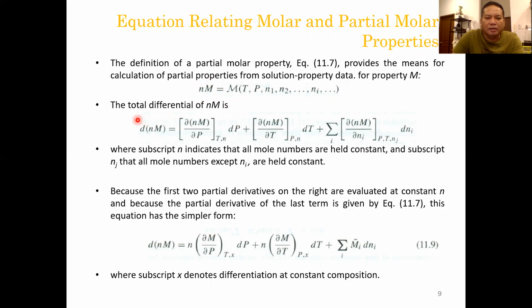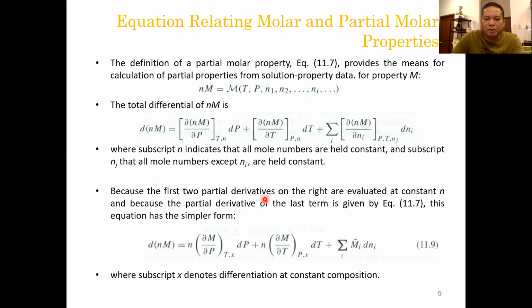The total differential of M we can write like this: the change at constant T and moles, constant P and moles, and constant pressure, temperature, and moles of the other species, except i.